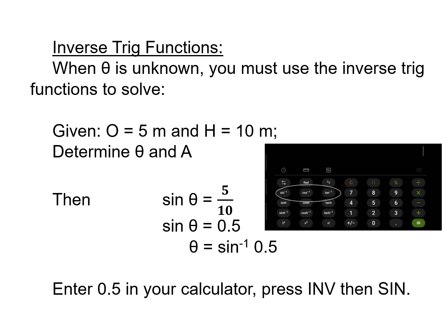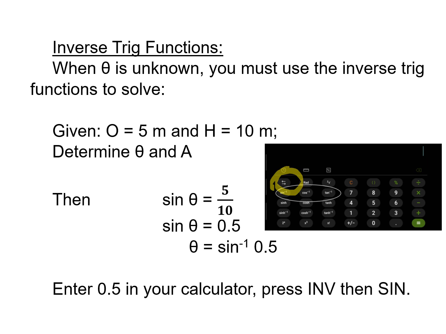This is a picture of my phone's calculator, turned sideways. It's the button in the top left, two arrows going in opposite directions. Below that, you have sine with superscript -1, cosine with superscript -1, and tangent with superscript -1.